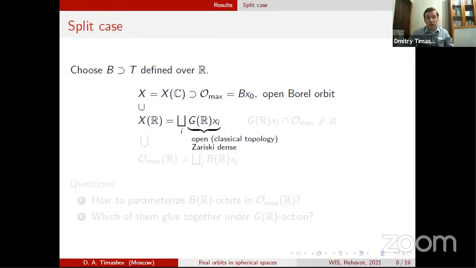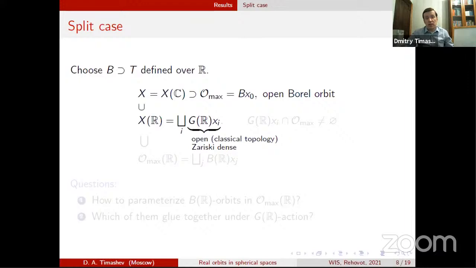This set of real points, the real locus of X, is not a single orbit, as I already said. It is not a single orbit for the real locus of G, but there are finitely many orbits of G of R acting on X of R.